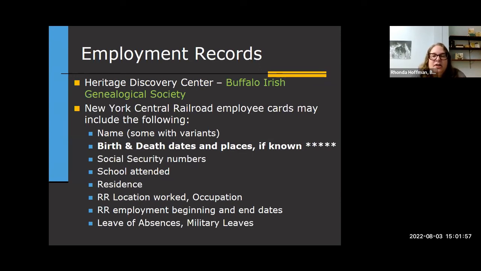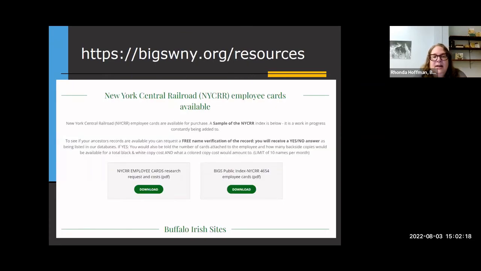The Heritage Discovery Center in Buffalo, the Buffalo Irish Genealogical Society runs it. They have New York Central Railroad employee cards, and it does list birth and death dates and places if known. They do have on their website an index to those records. So you would just click on the index.